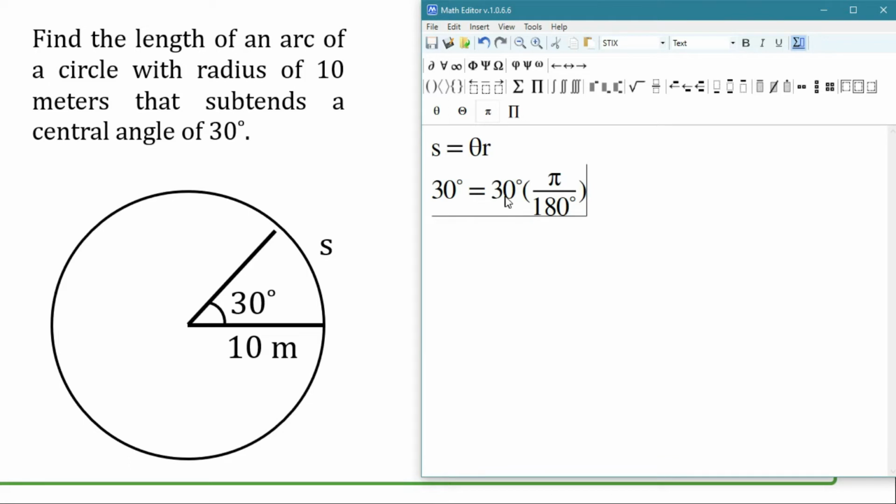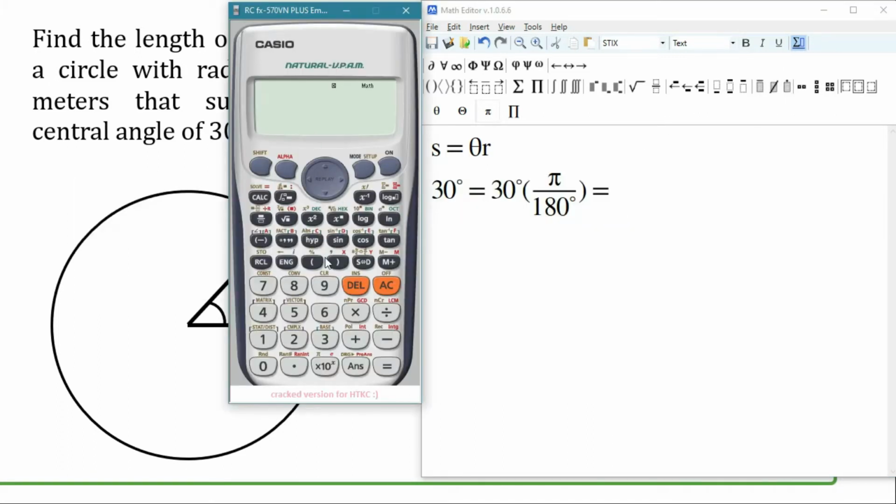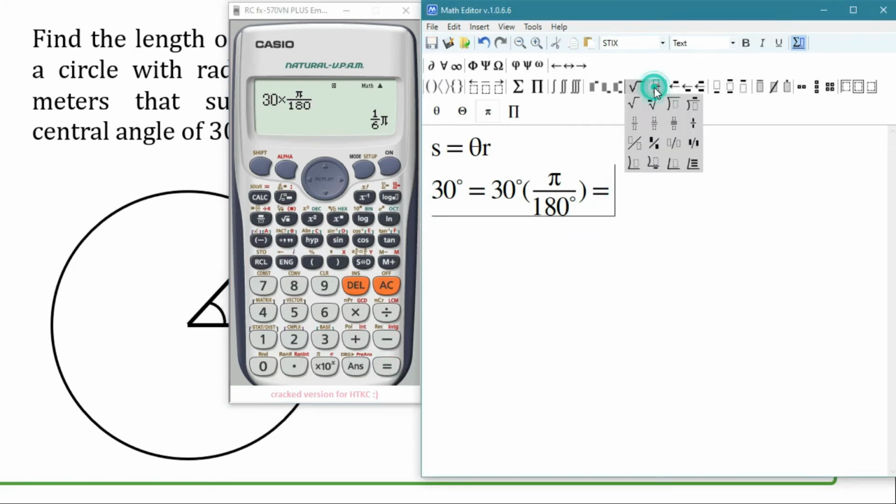That would be 30 degrees times pi over 180 degrees, which is equivalent to pi over 6, or 1 over 6 pi.